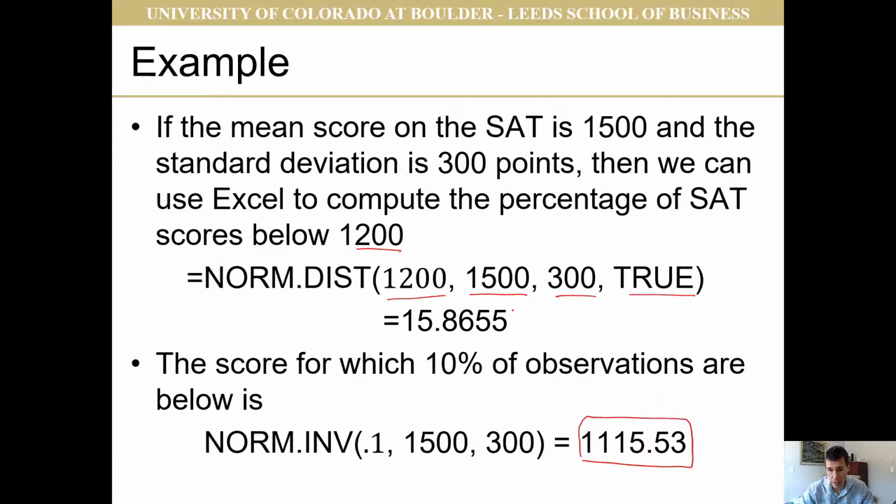This one up here is a percent, right? A random observation of the SAT, with this mean and this standard deviation, has a 15.87% chance of being below 1,200.